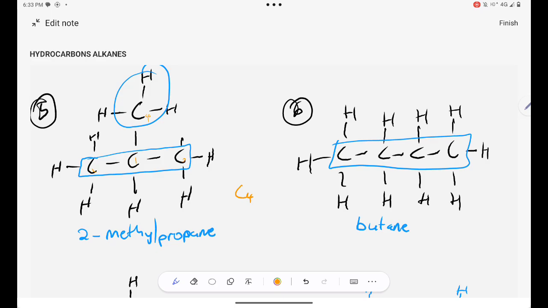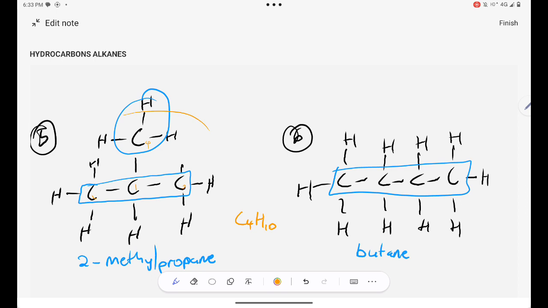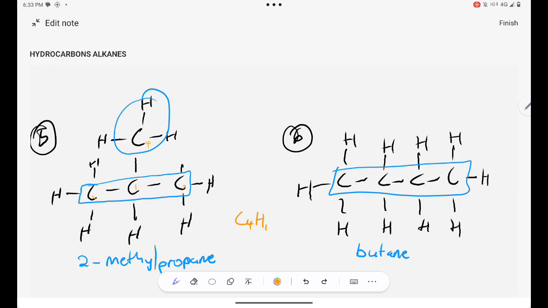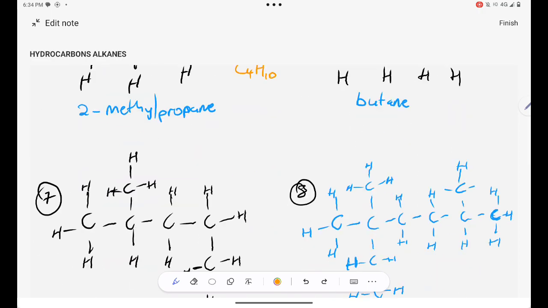I have 4 carbons, and then the number of hydrogens has to be 10. So both of these compounds have the same molecular formula but different structural formula. That's why they are regarded as chain isomers of one another.